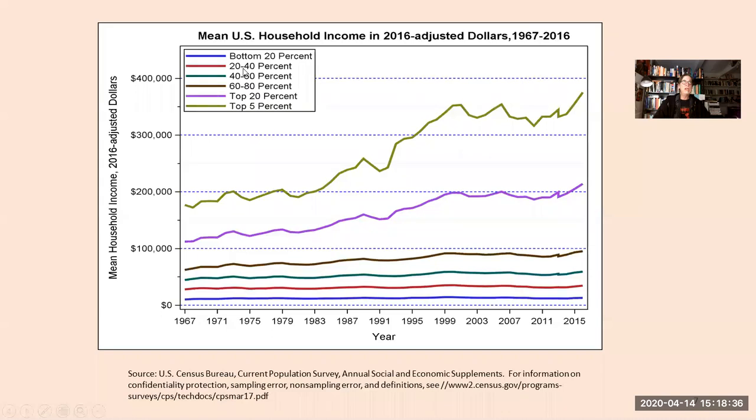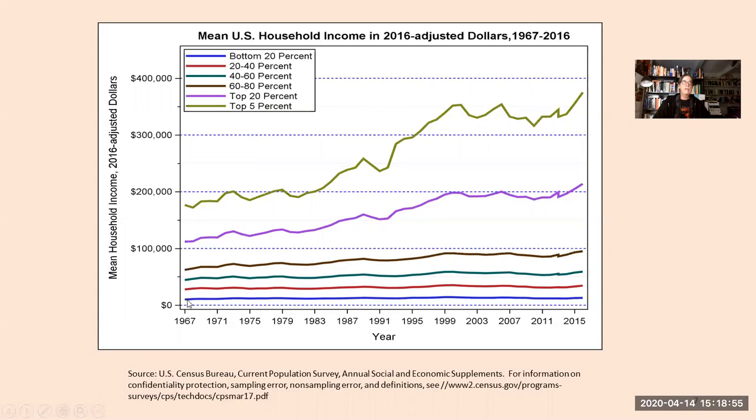So what we see here, let's look at the 20% of households with the lowest income. We call that the first quintile, perhaps. The 20th percentile would be the equivalent term.